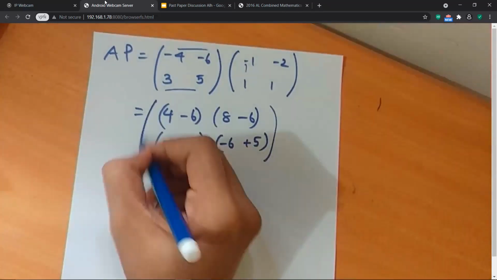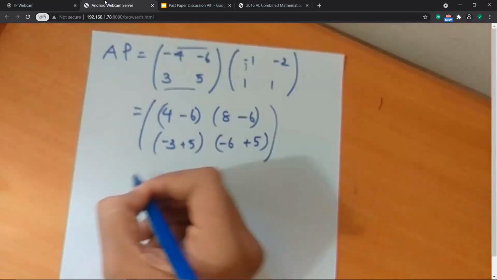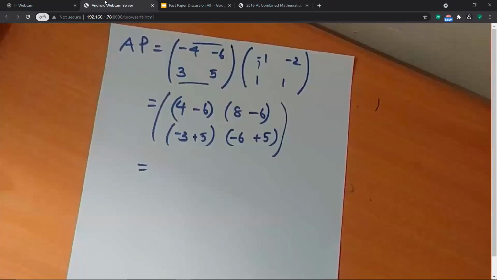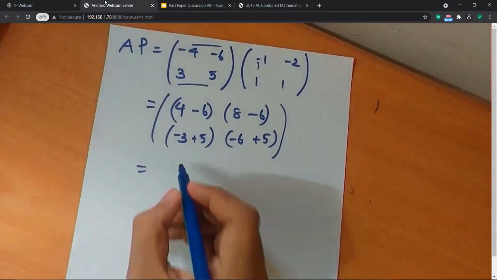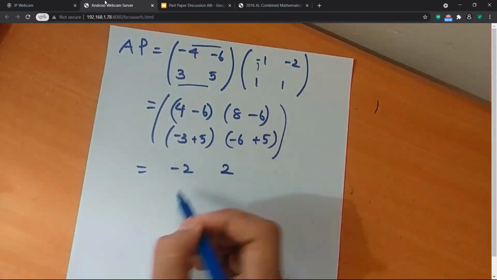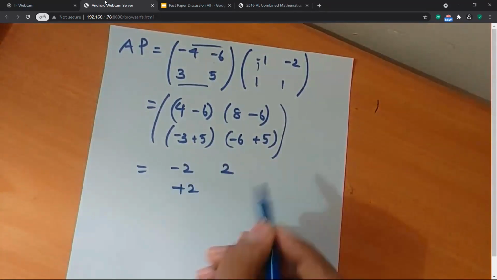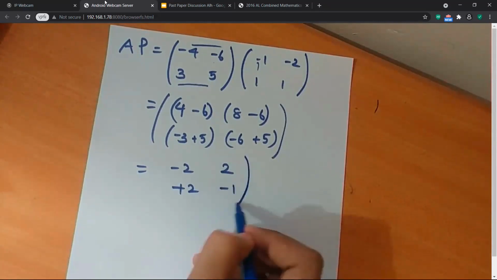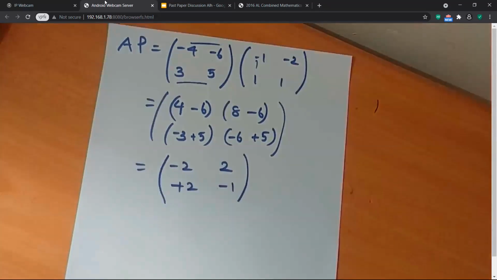Simplify. 4 minus 6 is -2. 8 minus 6 is 2. -3 is -2. Sorry, +2. -6 is -1. Right?